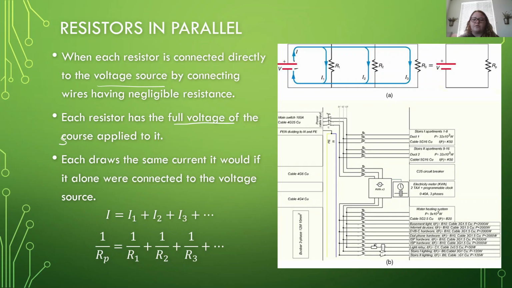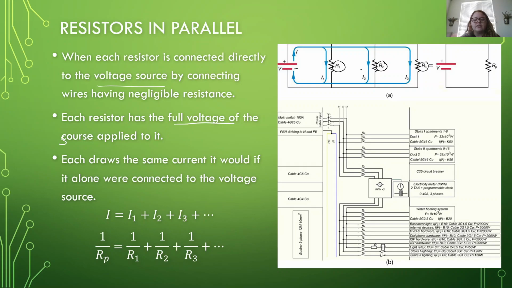This current here goes with our first resistor, then we have another current with the second resistor, and a third current that goes through our third resistor. Each of these currents is separate, and they depend on the resistance they go through.